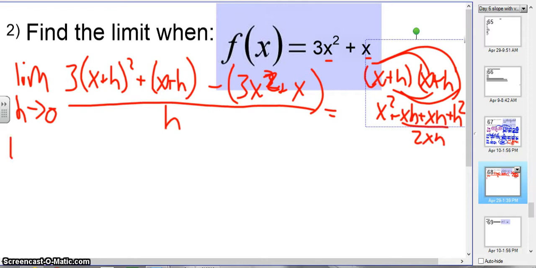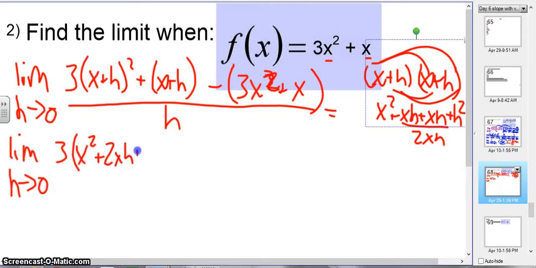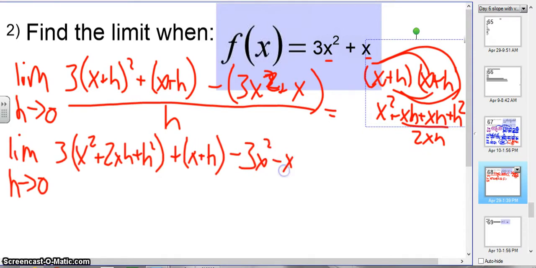Okay, so limit as h approaches 0, we have 3 times x squared plus 2xh plus h squared plus x plus h. I'm also going to distribute the negative, so minus 3x squared minus x, all over h.